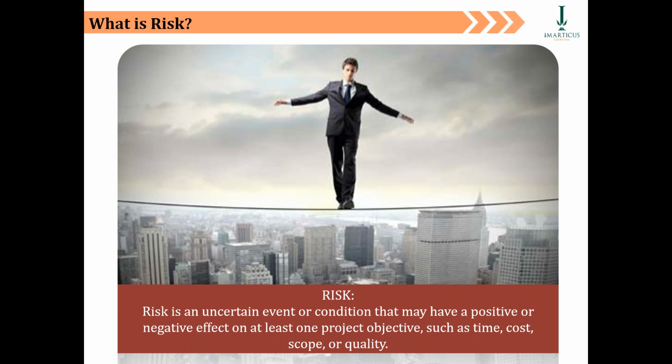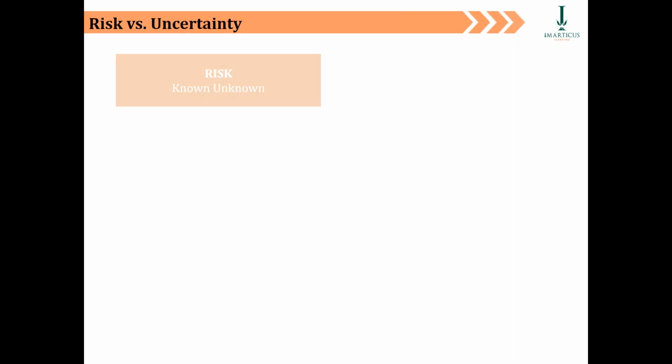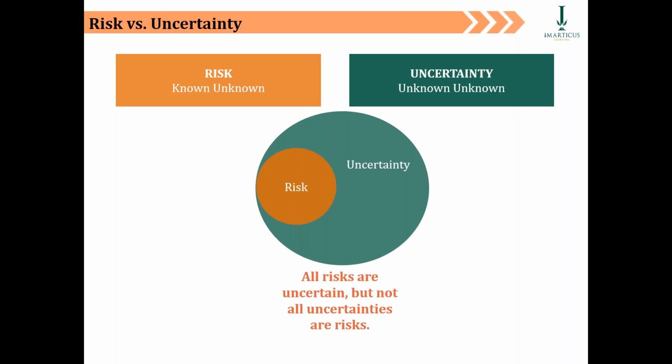Okay. So risks can negatively impact any one aspect of your project, or multiple aspects. It could be time, cost, scope, quality, anything. Now, when I say risk, it could be unknown or it could be known.